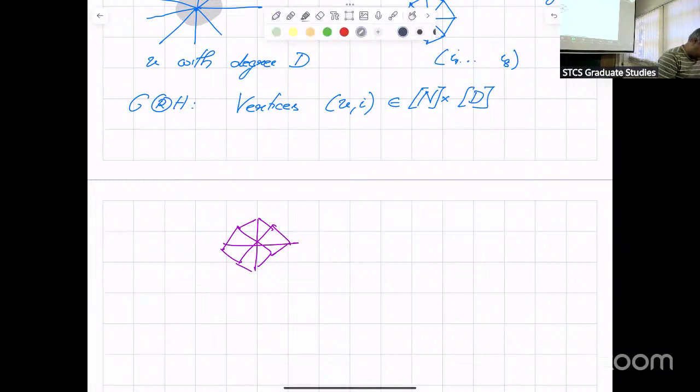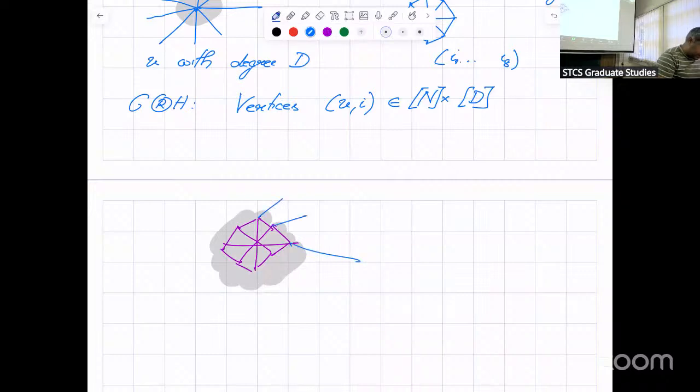I'm not doing this correctly. And then the edges are going out. The original G edges are going out from each of these vertices to the outside world. So basically, let's actually do it.